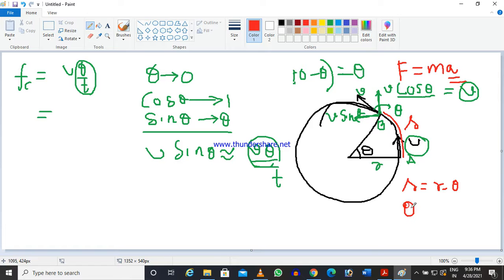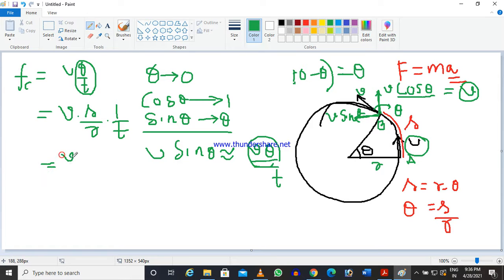That means my theta is equal to s by r. Now if I replace theta here, v into s by r into 1 by t.